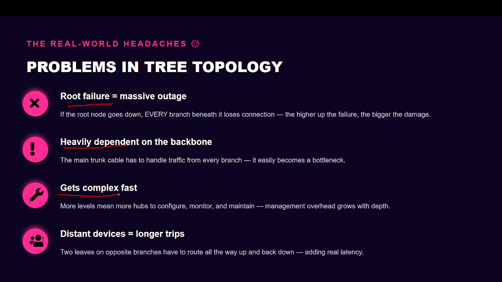Problem number three, it gets complex quick. More levels means more hubs to configure and monitor. And problem number four, distant devices mean longer trips. Two devices on opposite branches have to take the long way up and back down, which adds real latency.